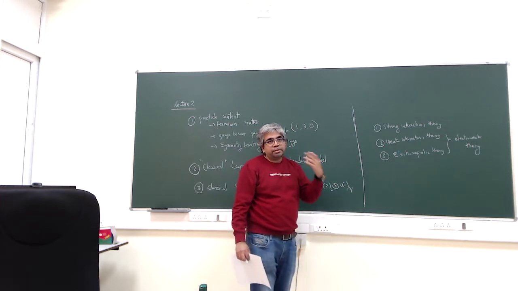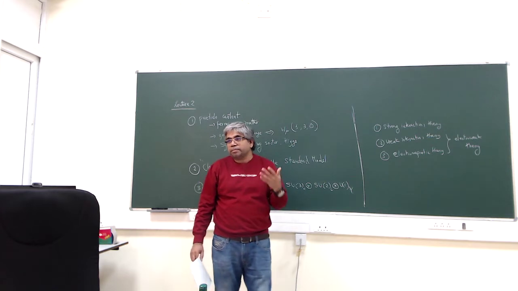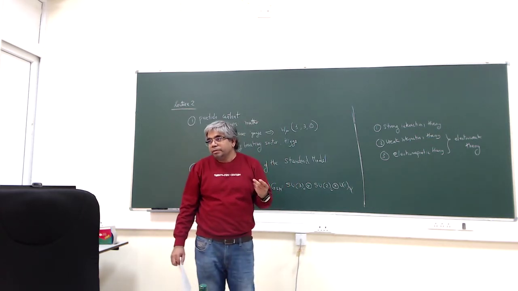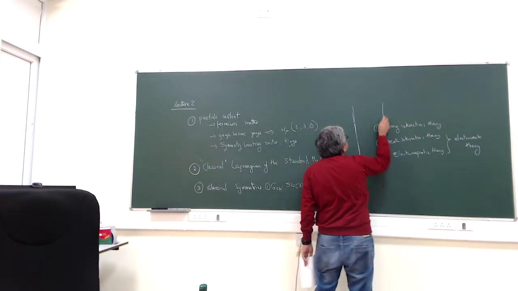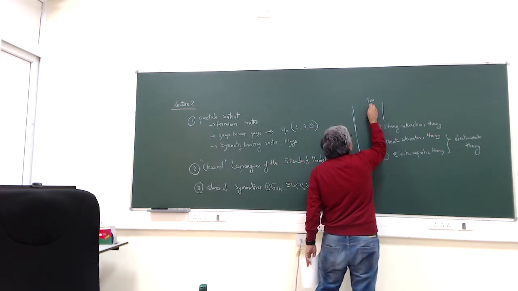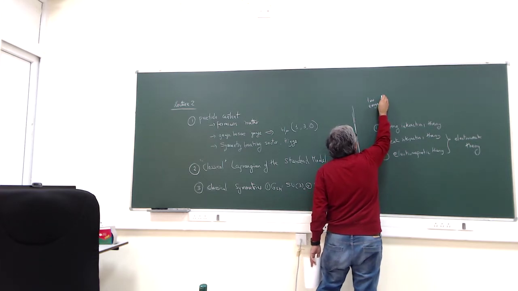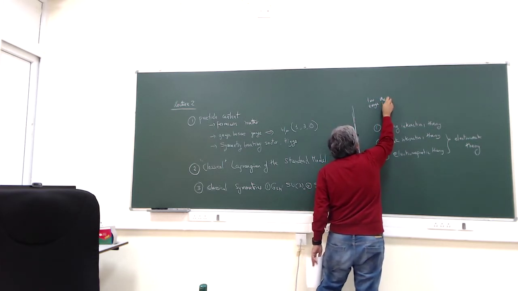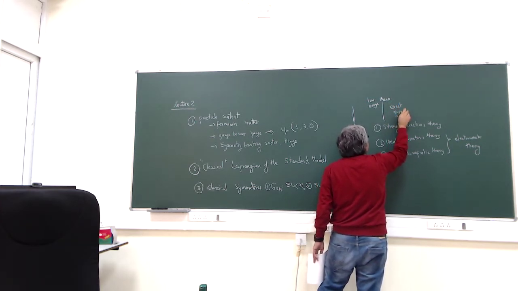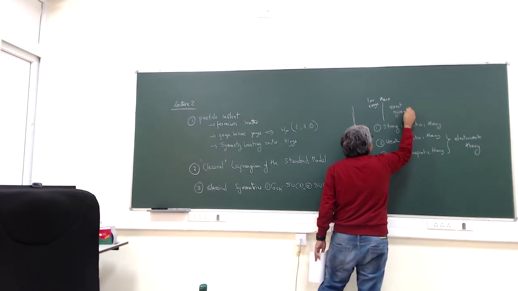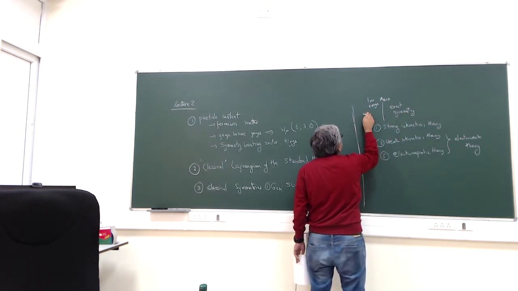Chiral perturbation theory works on the idea of approximate symmetries. Anyway, this barrier, as I said, is given by something called lambda QCD. High energies, exact symmetry; low energies, approximate symmetry.